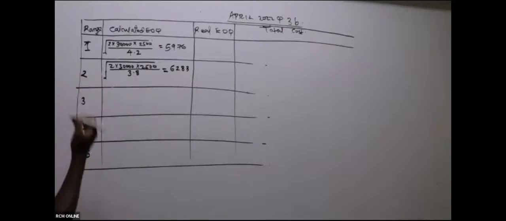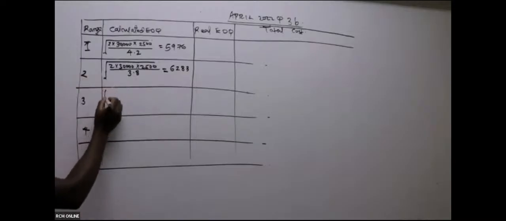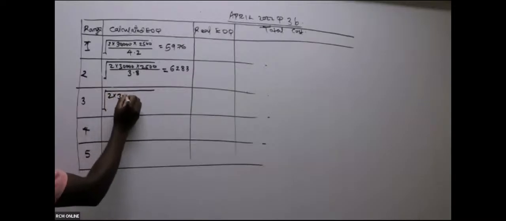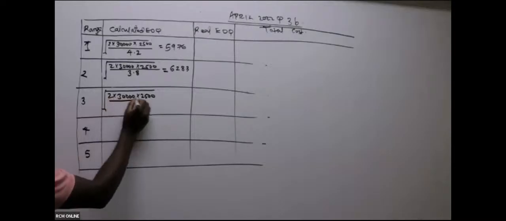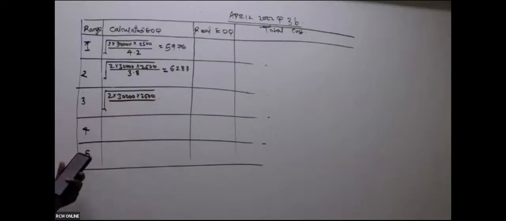Good. Let's come to number 3. So we have the root of 2 times 30,000 times 2,500 divided by holding cost. This time, holding cost is 20% of 17, which is 3.4.